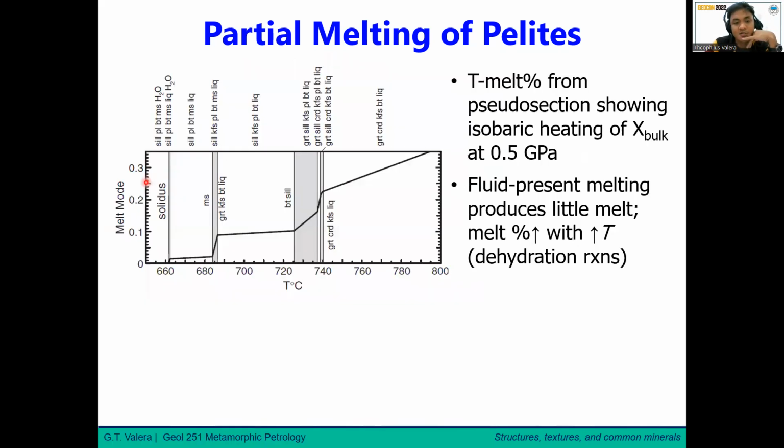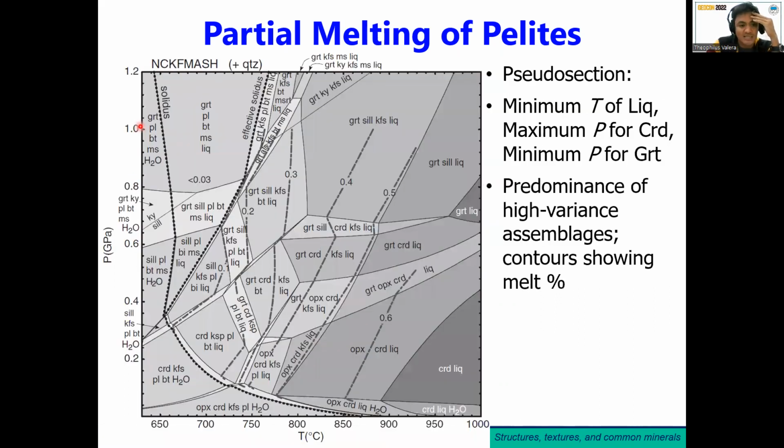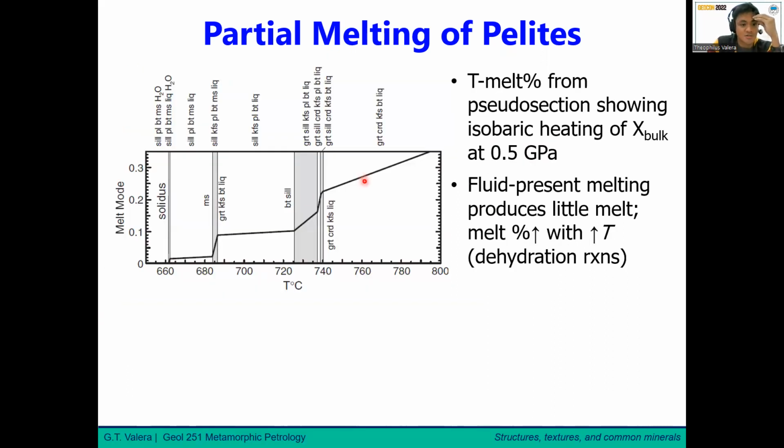Nagpakita sila ng T melt percent na diagram. So, this basically shows yung percent ng melt through a section sa pseudo section. So, pag slicing this one, for example, ganito daw ang itsura ng melt proportion. So, ito yung solidus na cross niya. Amount of melt produced is very little.